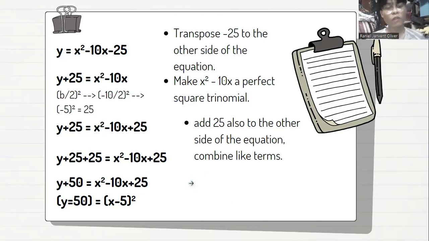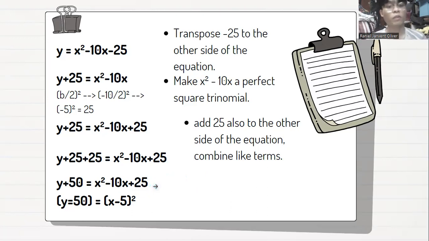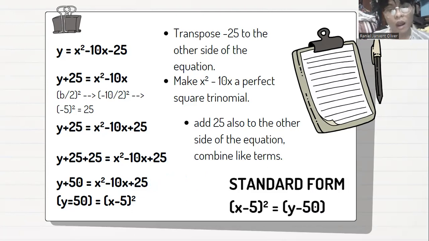Now, since we are looking for the standard equation of the parabola, we need to find the factor of this perfect square trinomial. Its factor is the quantity x minus 5, squared. Therefore, our standard form is the quantity x minus 5 squared equals y plus 50.